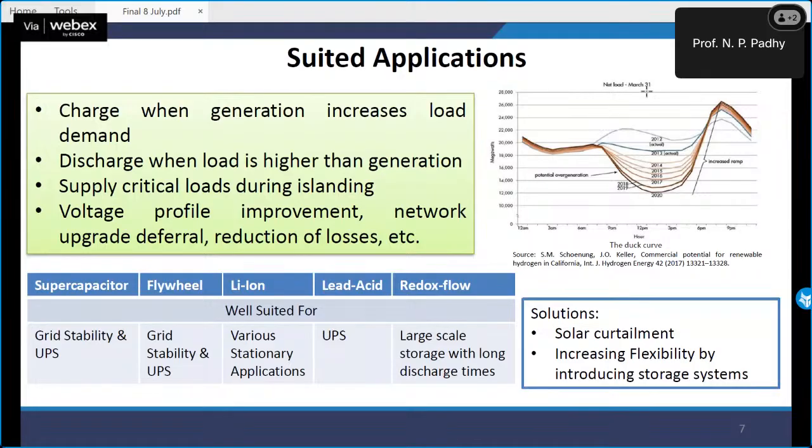So what will happen? First midnight, let's say I plot from 12 midnight, first hour, 1 a.m. There is no sun, so maybe no PV. So everything comes from the synchronous generator. That is what you see, it keeps on generating. And the consumers may not be 100, maybe 70 or 80, or maybe 20, 30, whatever it is.